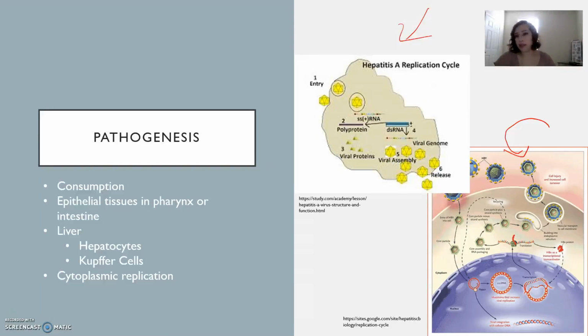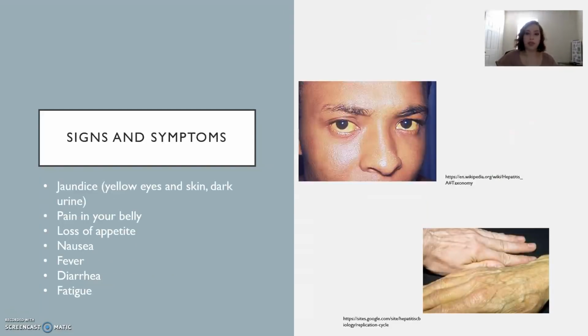It does get flushed out eventually, in weeks or a couple of months, but it does replicate really fast, and it replicates in the cytoplasm. So signs and symptoms of hepatitis include jaundice, which is yellow skin and yellow eyes.